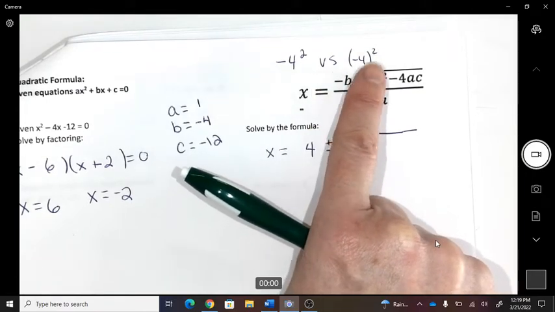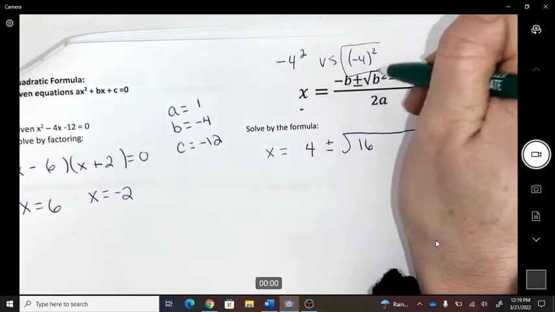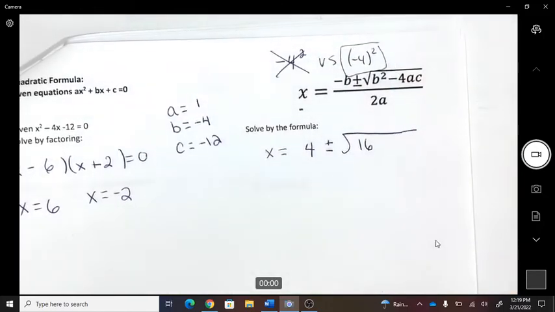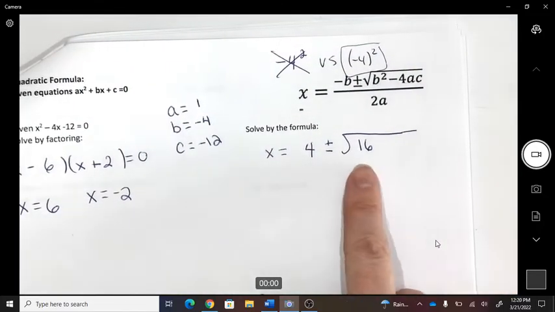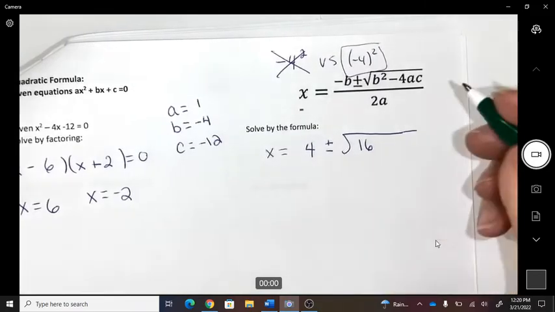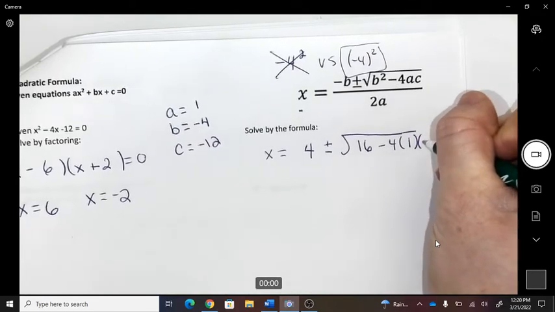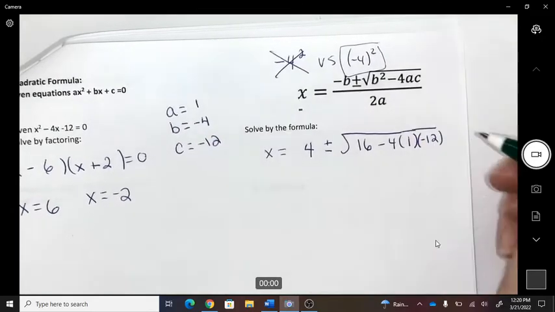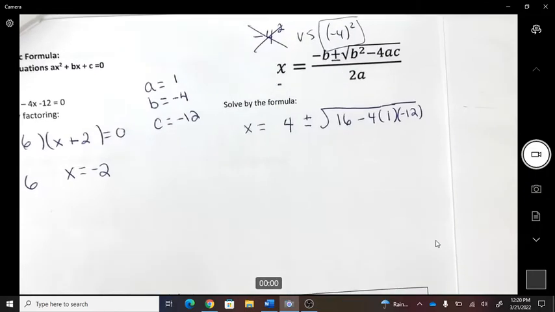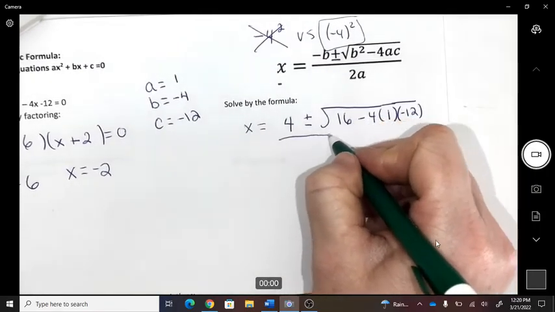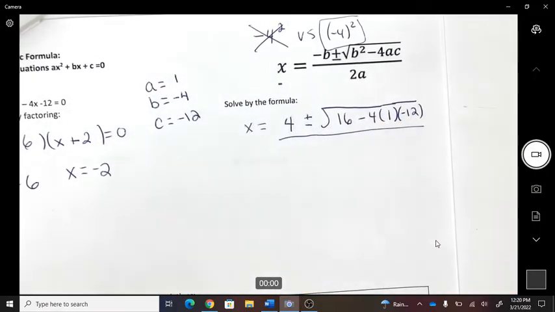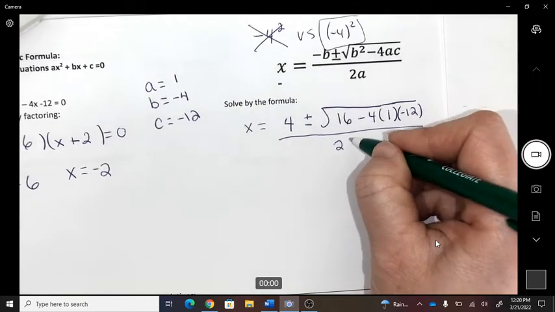How would I have written it? This one. And people make that mistake, so I say, why don't you just put 16 so you don't make that mistake? So b squared, subtract 4 times the 1 times negative 12. All of it gets divided by 2 times 1.